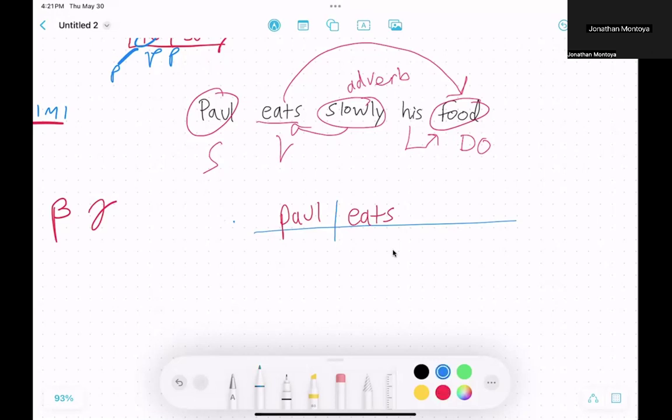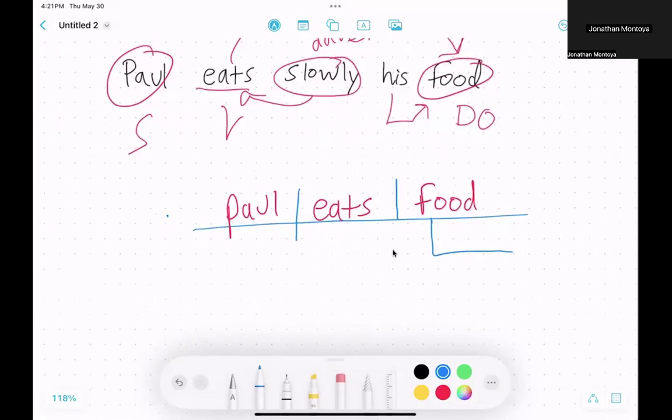Then the direct object has a line that goes down to the main line, like that. Your direct object. Paul eats food. Now we add our modifiers. A modifier will go under, just like that. What's going to go here is our possessive pronoun that modifies food.